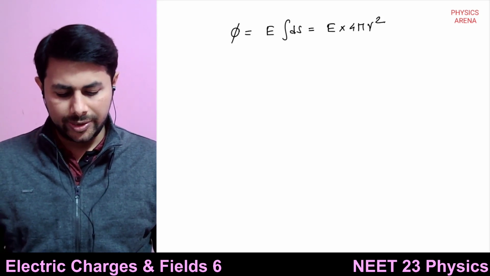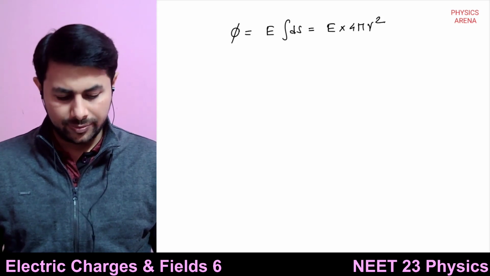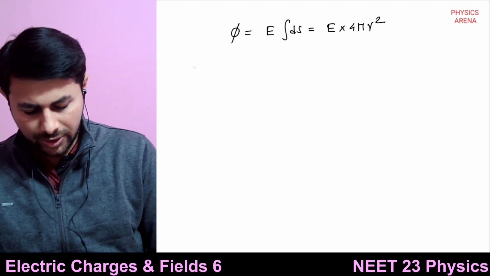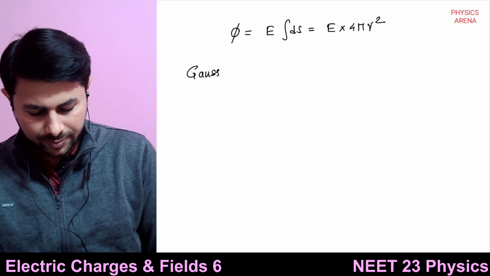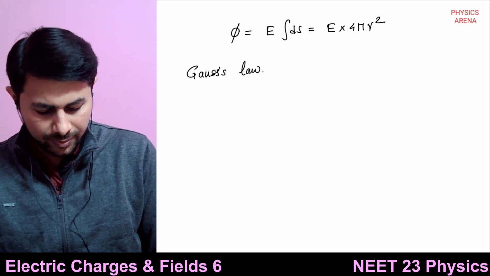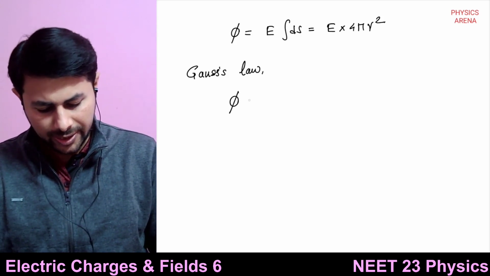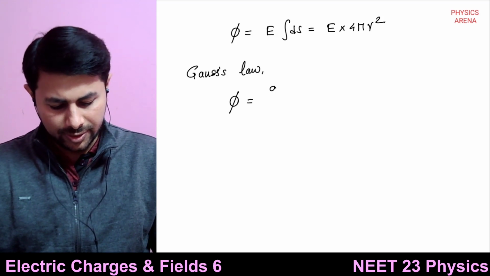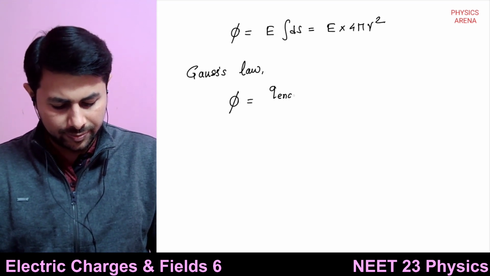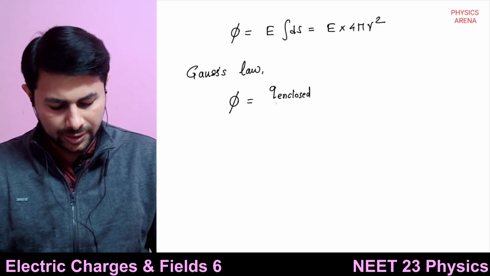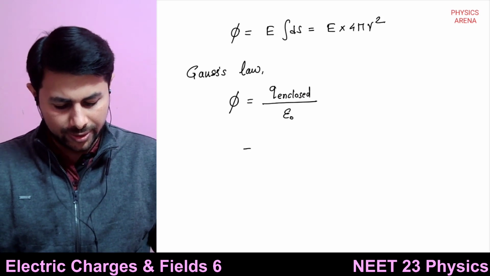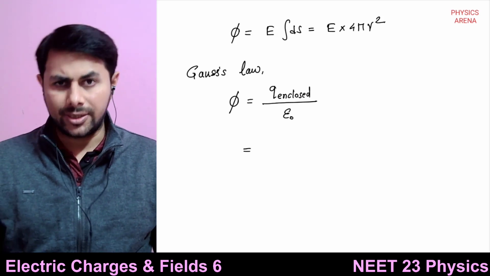Now, how much is the charge enclosed? Okay, so this is the flux. So using Gauss's law, we can say that this flux is equal to the charge enclosed divided by epsilon naught. Now, how much would be the charge enclosed?